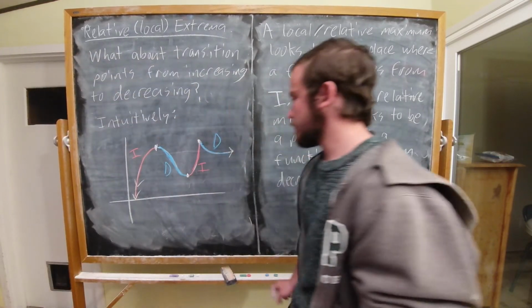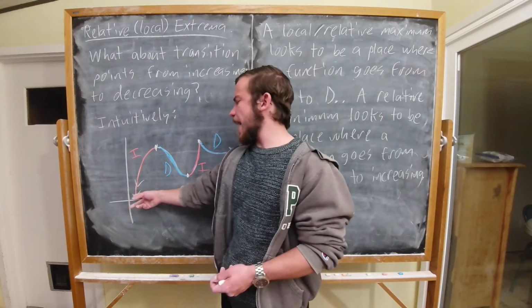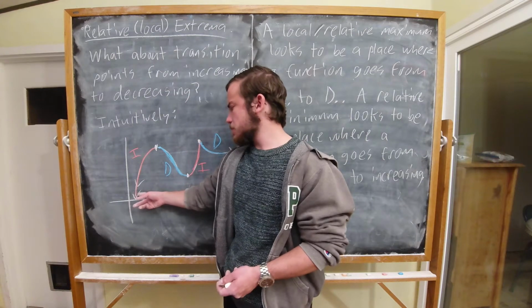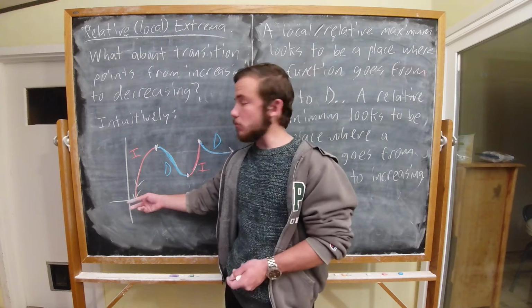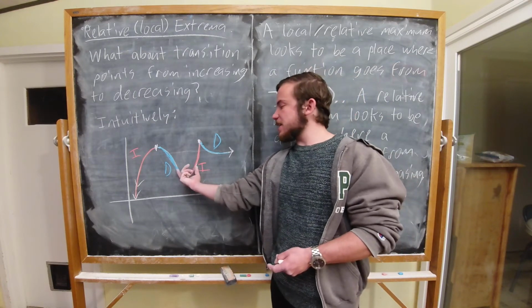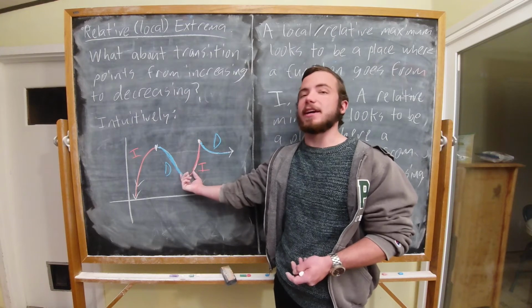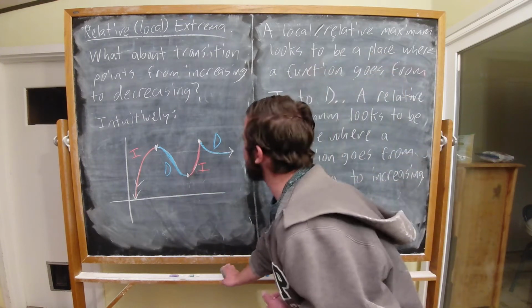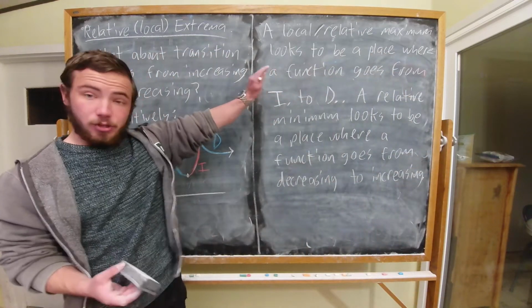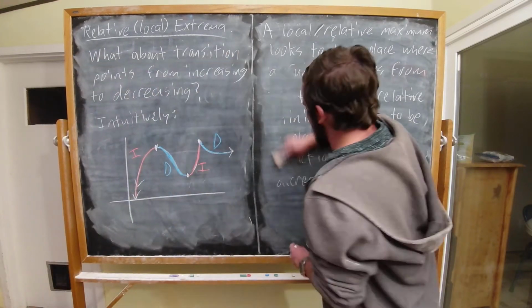Okay. Maybe if the function goes down there, the absolute minimum of the function might be down there. But this is still a local minimum for the function, right? Within its own relative region, it's the smallest thing around. So let's define those formally. These are our intuitive definitions. Let's give a formal definition. And then we'll see how they match.